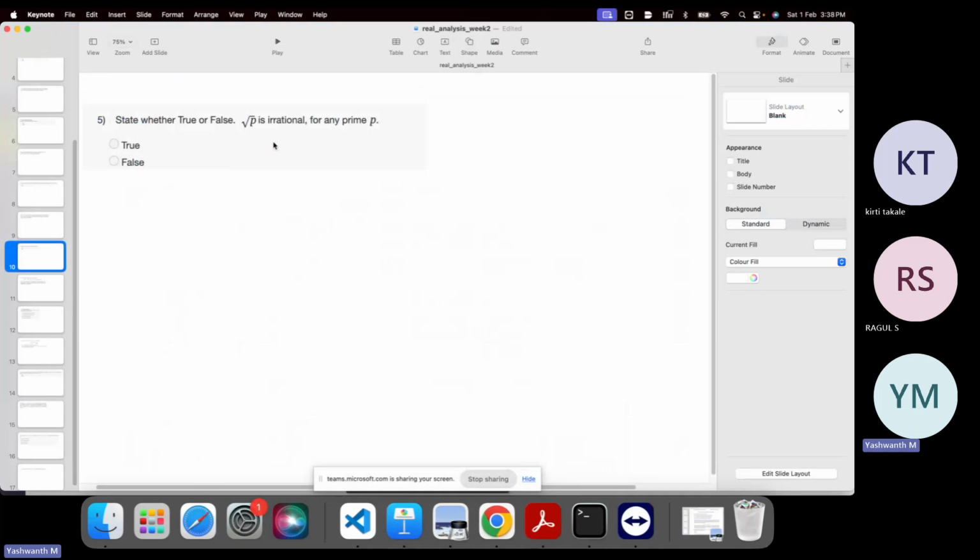Now, as another question, again, true or false? The square root of p is irrational for any prime p. So it is irrational actually.